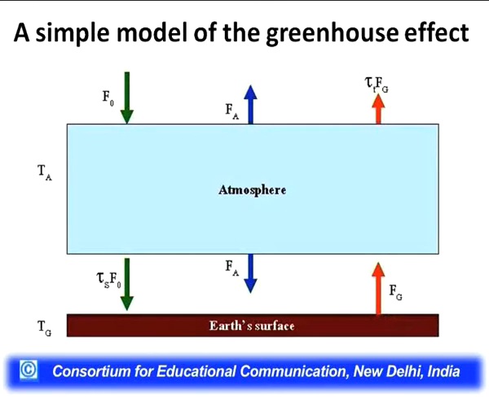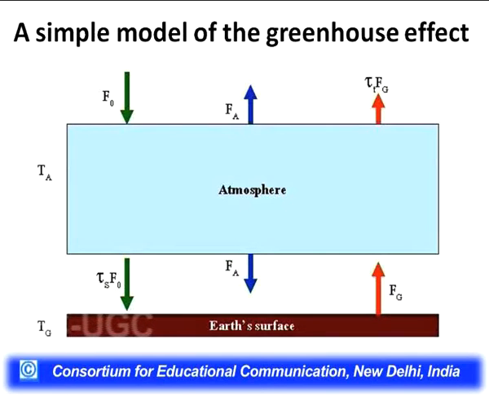So the F0 coming from the top of the atmosphere will become τs F0, and will reach the earth's surface as τs F0.